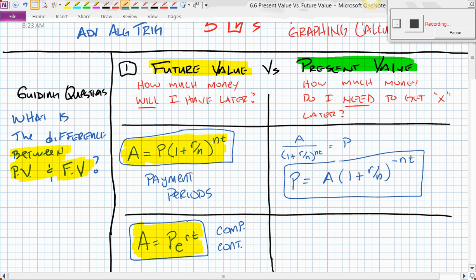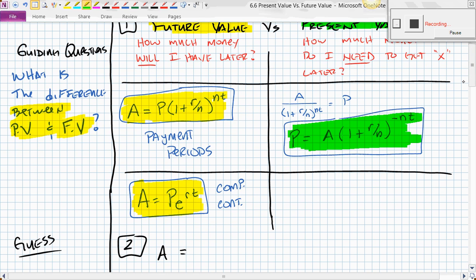Does anyone see what I did there? Yeah. I just used the properties of exponents, right? If I'm dividing exponents, I can bring it to the top and make the exponent a positive value. So this is a present value equation for payment periods.